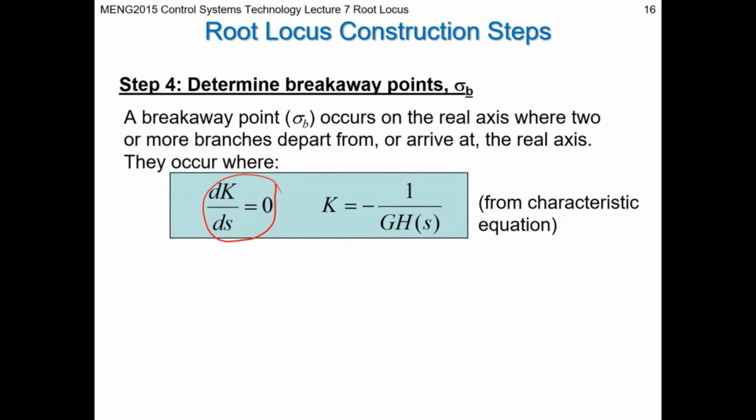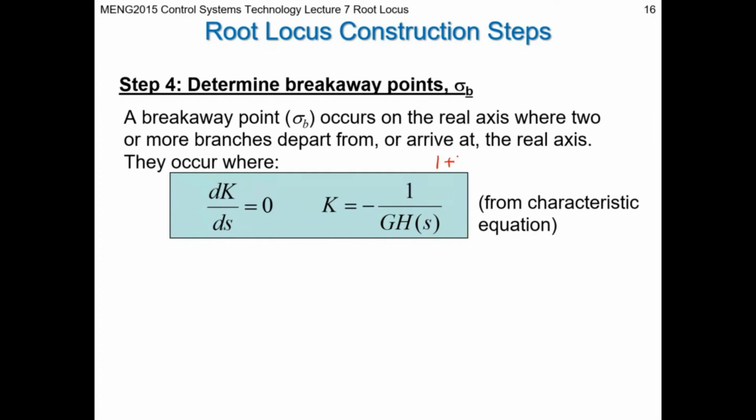As you change the gain, those closed loop roots move, and the breakaway point is basically a point of inflection in the relationship between k and s. That's why we use the condition that the first derivative of k with respect to s equals 0.